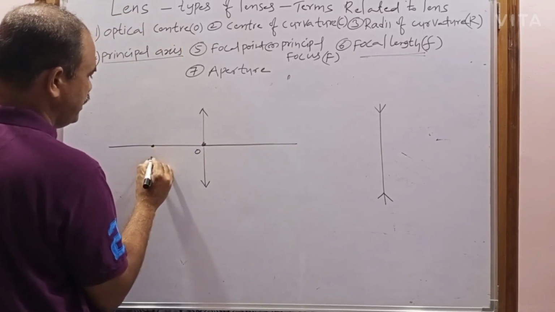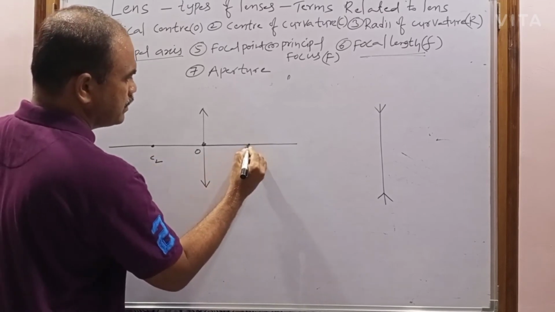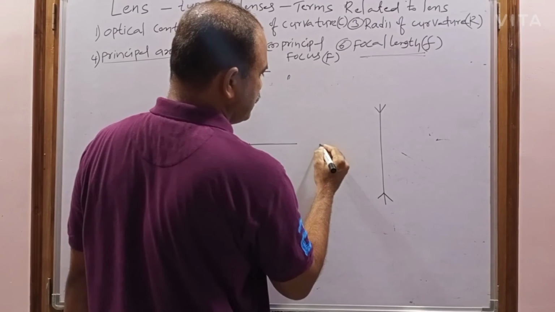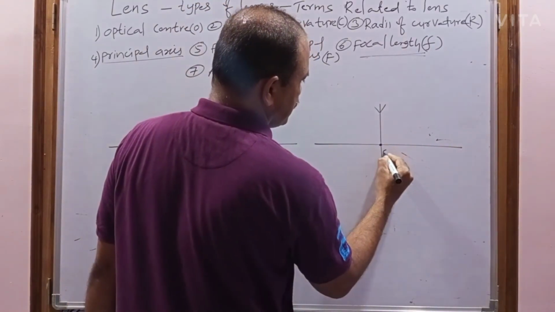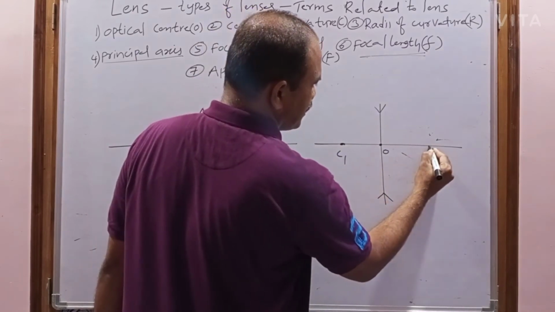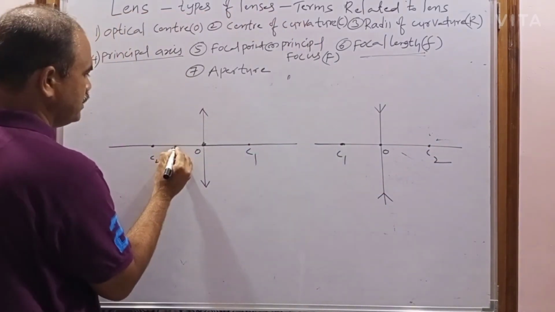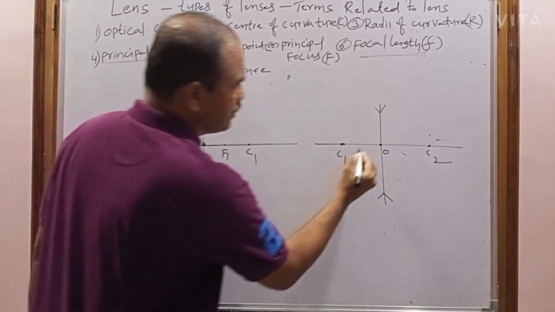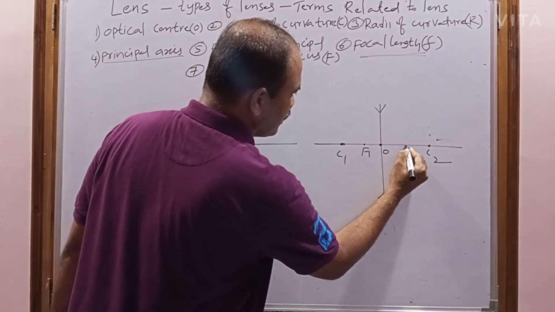Here you can write this as C2 and this as C1. In case of the concave lens, let us imagine this is the optic center. Now this is C1 and this is C2. Now this is F2 and this is F1, and this is F1 and this is F2.